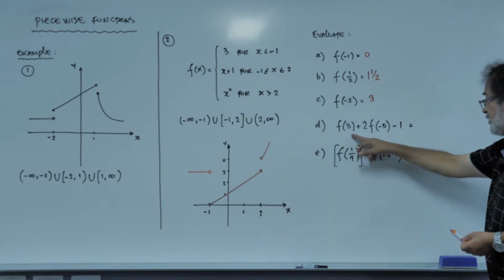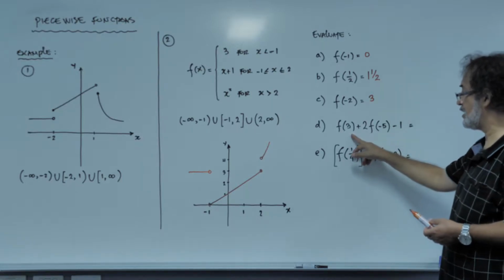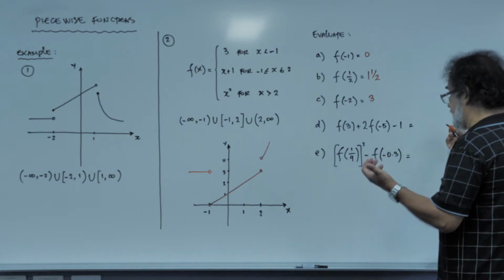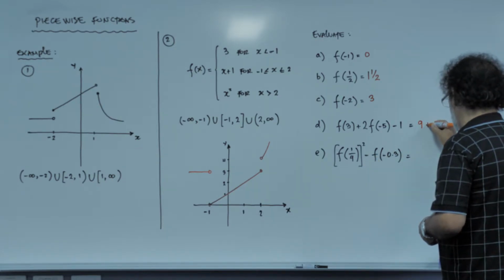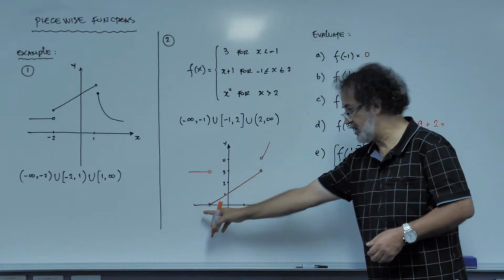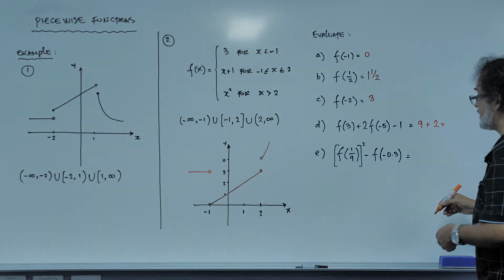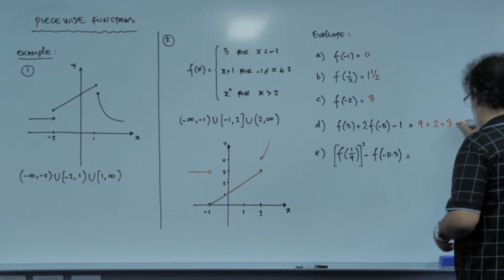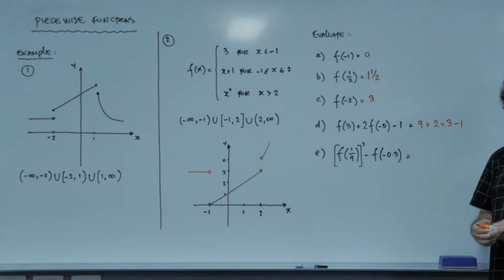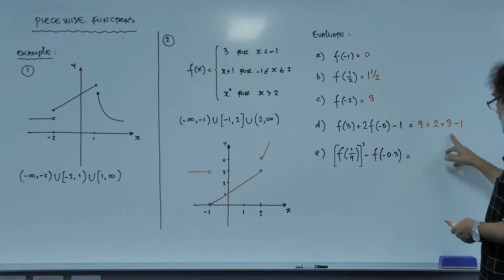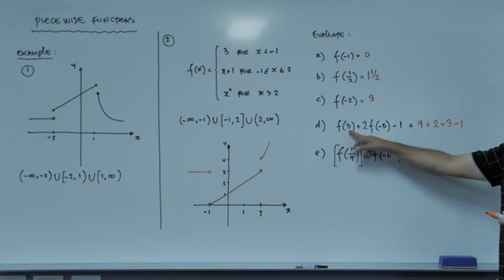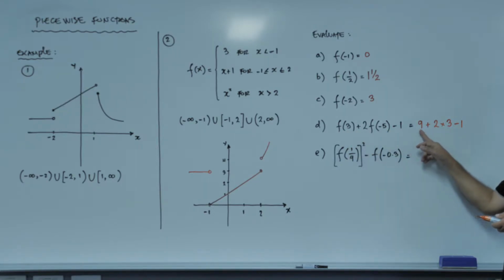All right, for this one, f at 3 is going to be this one, so f at 3 is 3 squared, which is 9.